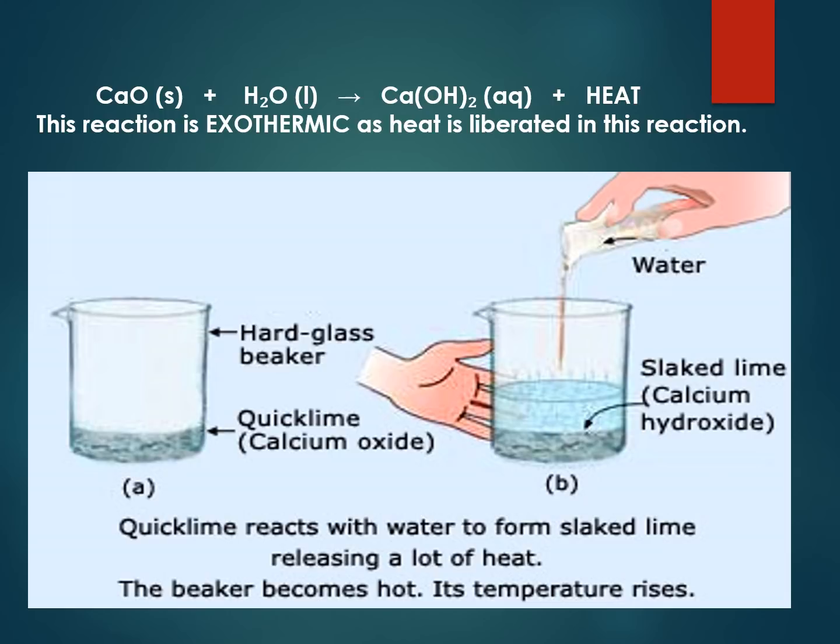So calcium oxide, CaO, plus water gives Ca(OH)2, and along with it heat is evolved. This is an exothermic process as heat is liberated in this reaction. The beaker also becomes hot, its temperature rises.